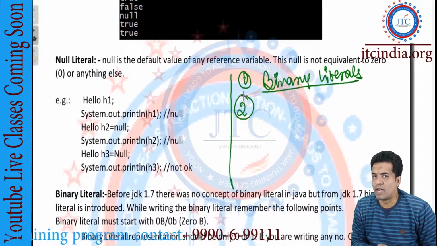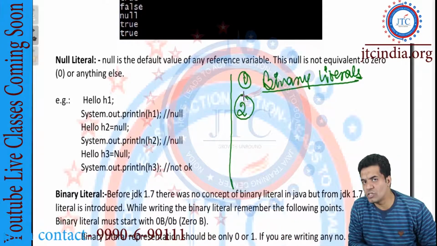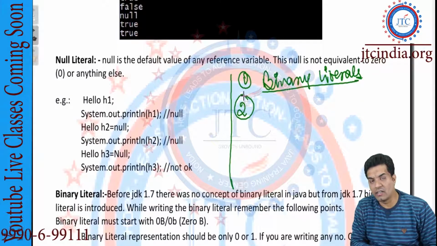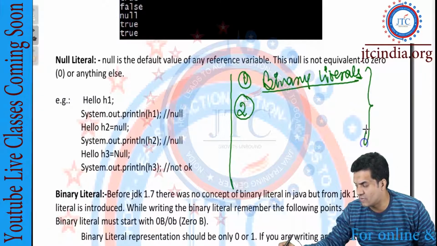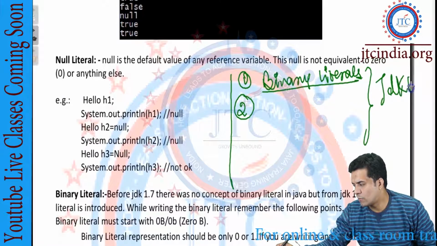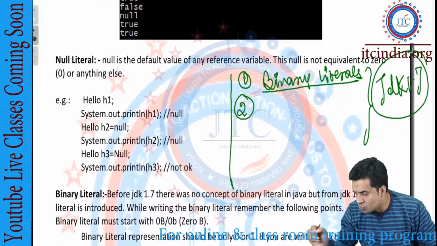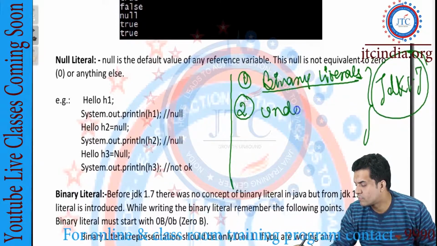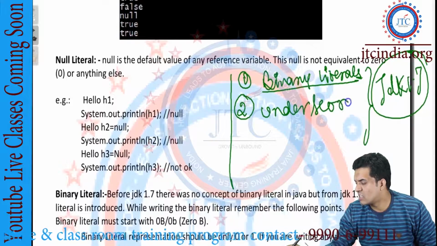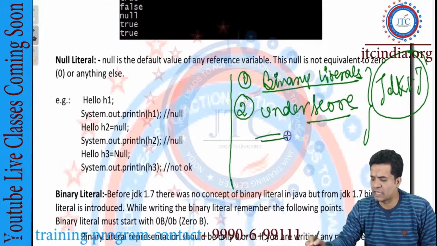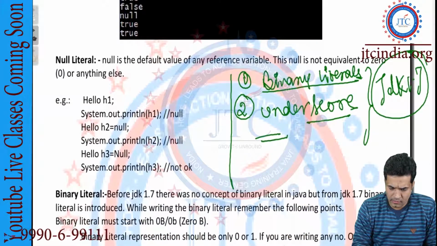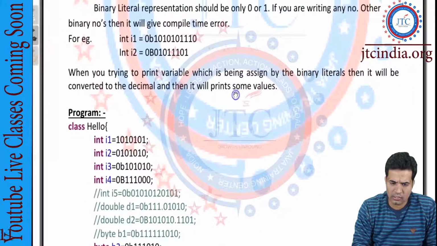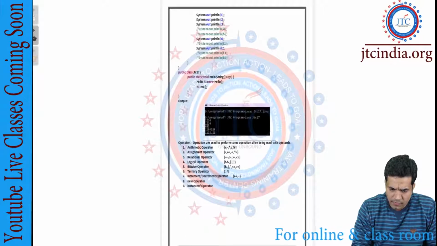And the second important point, दूसरा जो है आपका, underscore in numeric literal. I have already explained about underscore also in the last classes. Here you can see this is the underscore in the literals. Well, I have explained it. Have a look at these documents.